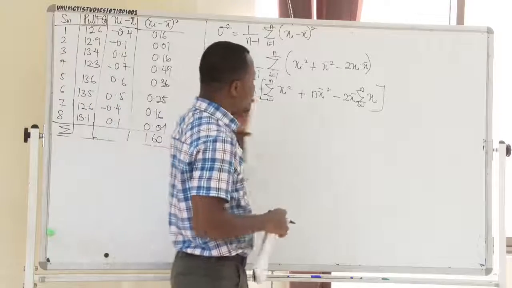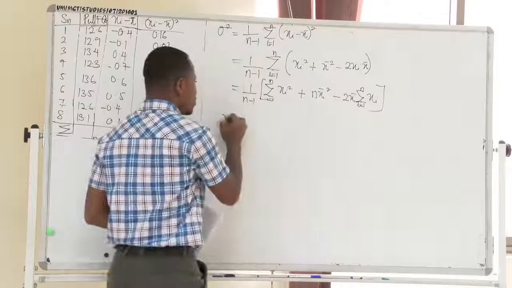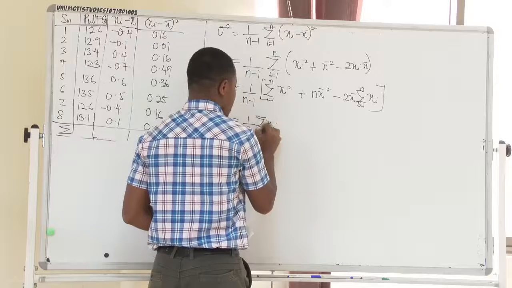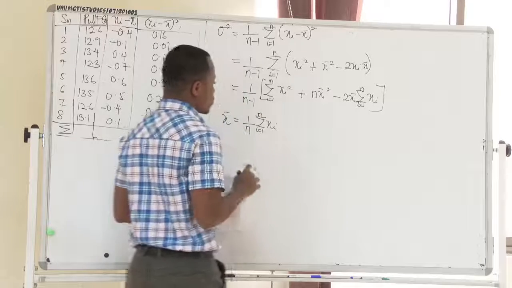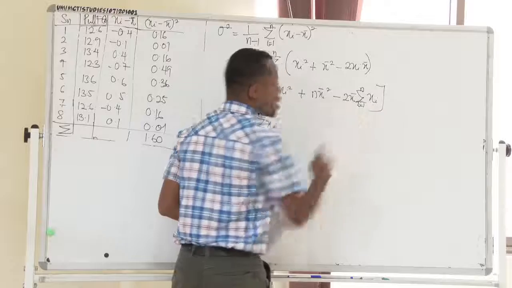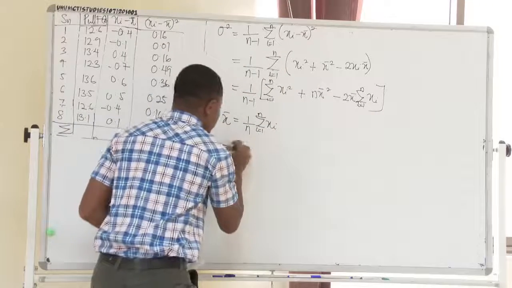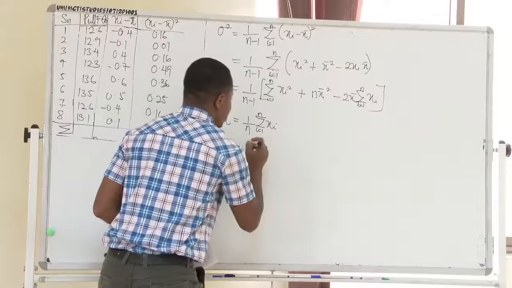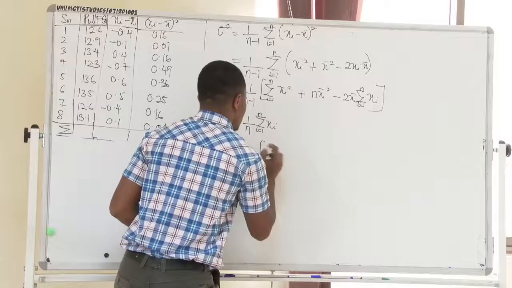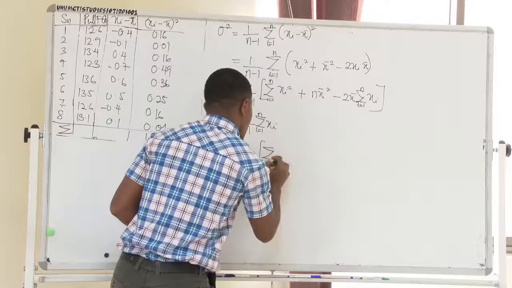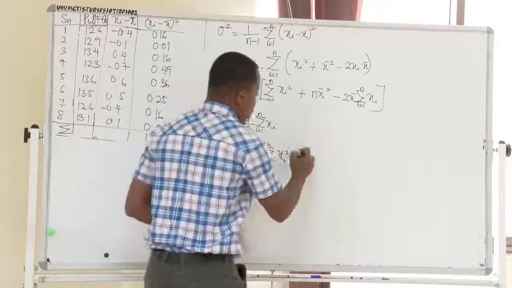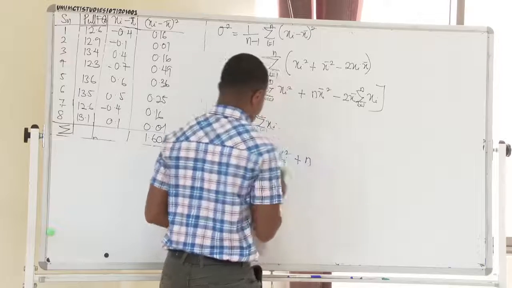Now, remember from our previous discussion that our x bar is equal to 1 over n summation of all xi, where i is starting from 1 to n. Okay? So let's try to find a way of just substituting this for all the x bars that we have in there. So this will be equal to 1 over n minus 1. Remember, we have summation i equal to 1 to n, then xi squared, plus n.